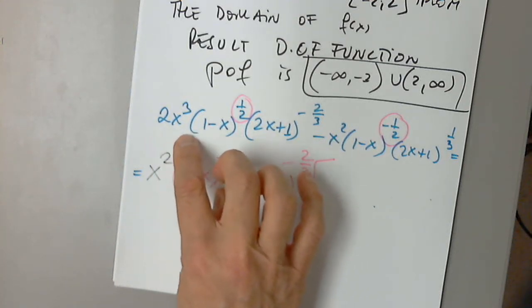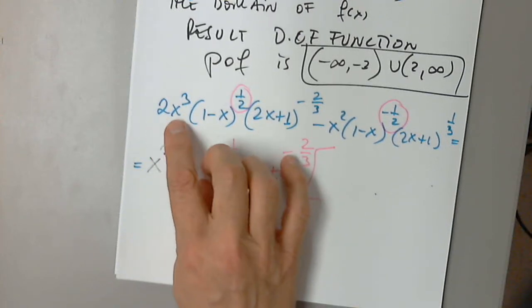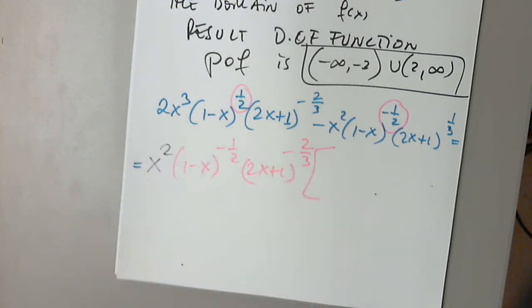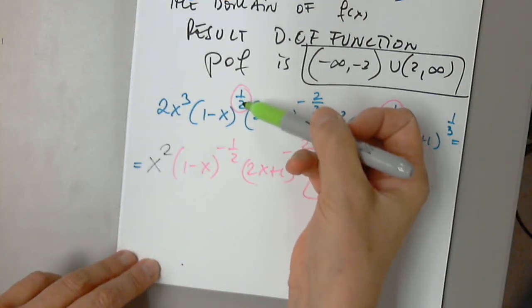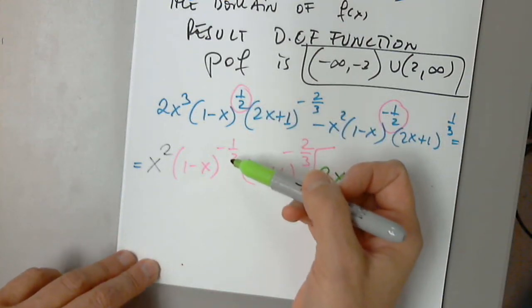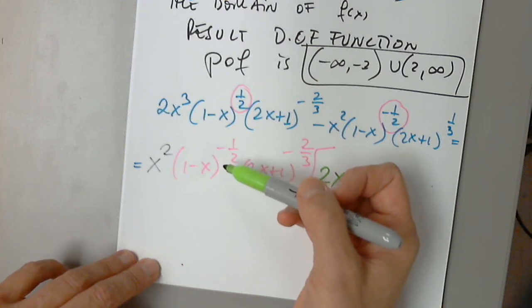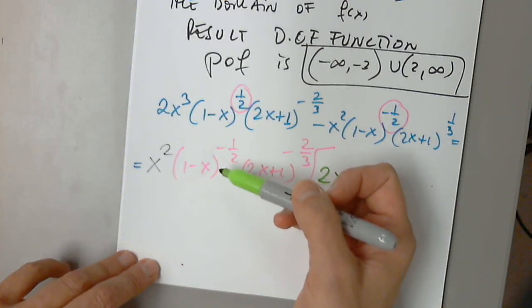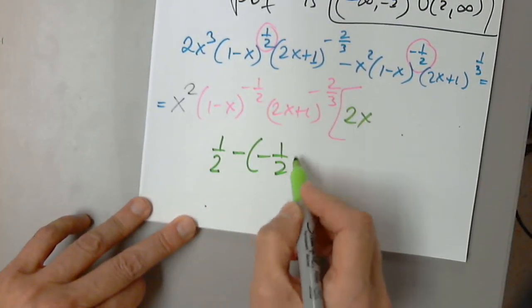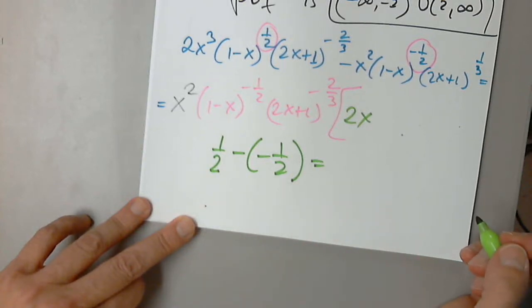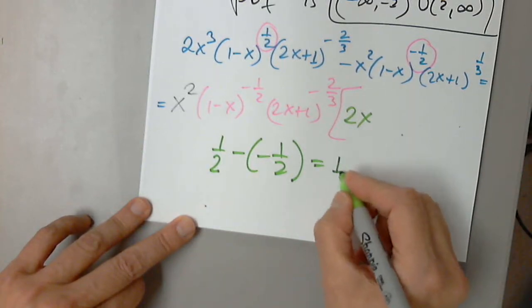Now let's see what is left. From the first piece, I took out x squared. What is left? I completely agree. Now from 1/2, I took away negative 1/2. What is left? 0? That's not possible. From 1/2, I subtract negative 1/2. I could never get 0. I do get 1. Very good.